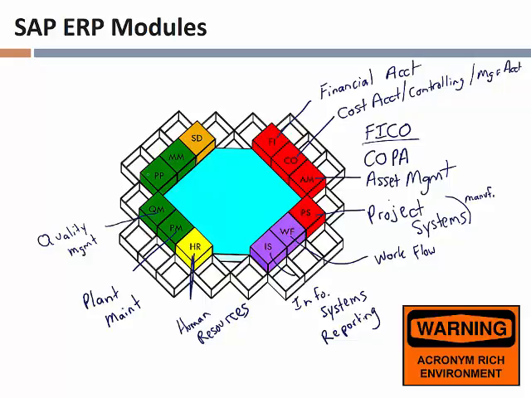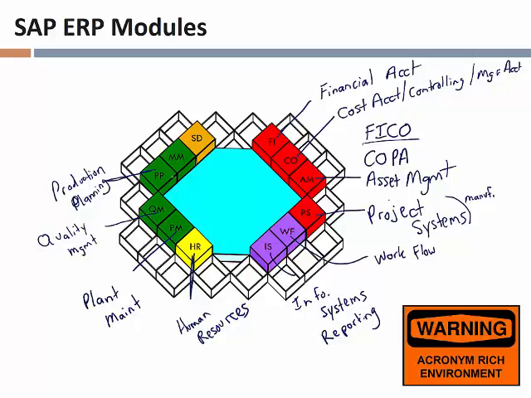PP is something that all of you have done in the context of ERP SIM, and that is production planning. Production planning is things like coming up with planned orders, sequencing production runs, basically everything associated with actually planning and executing the production process.